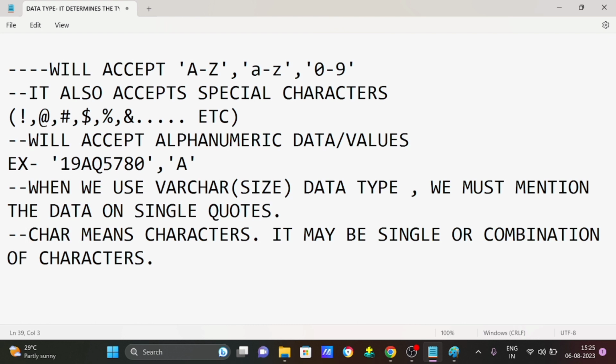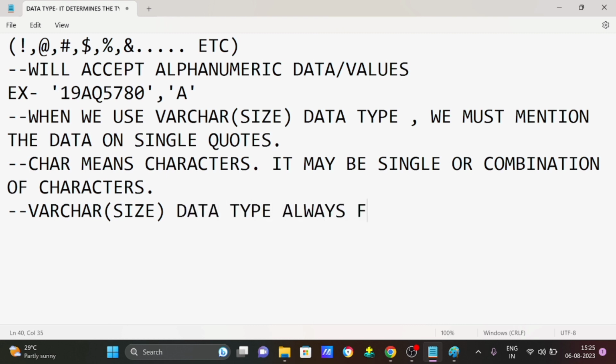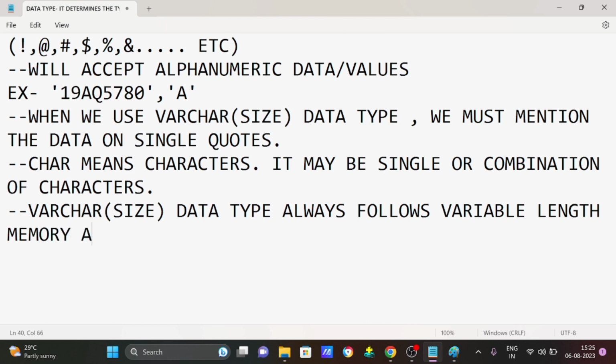It may be a single character or a combination of characters. Now, one more extra point here is varchar of size data type always follows variable length memory allocation.